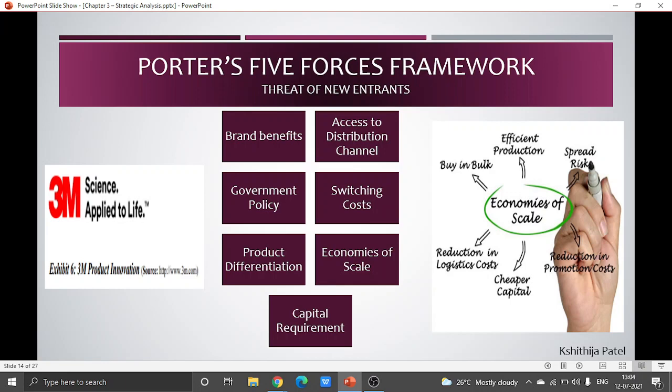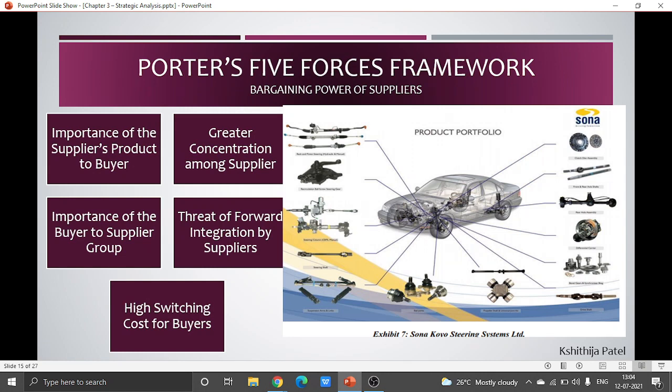Now that is the threat of new entrants. Then we have the bargaining power of suppliers. Sourcing in any industry is among the most essential activities a business can have. Organizations have a large dependence on suppliers, and suppliers have the ability to influence profitability.